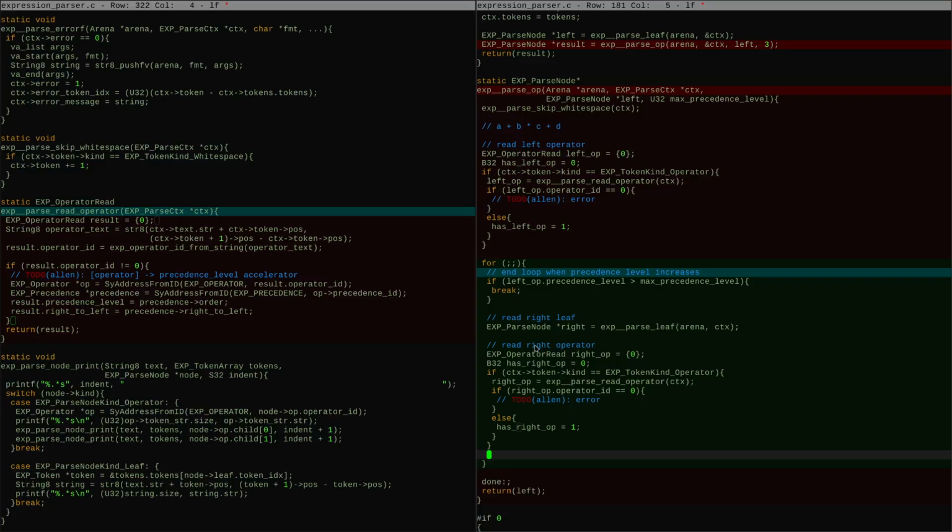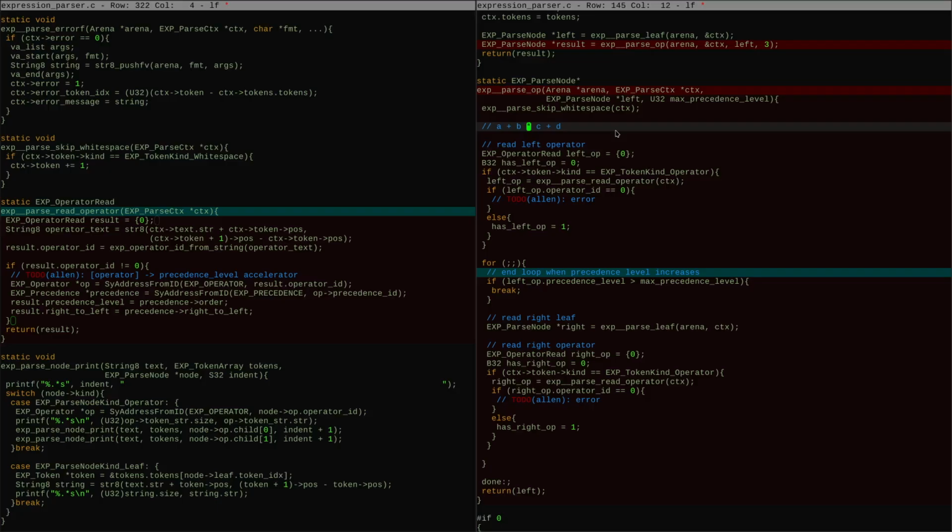And now if the right operator, when you first call this, it reads the first operator, and so it comes in A plus.